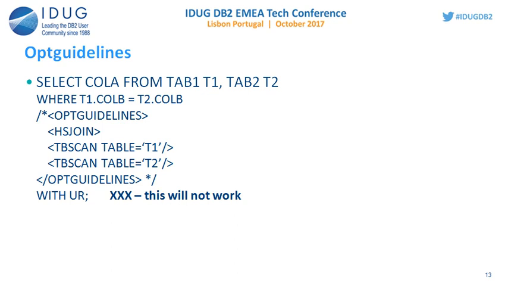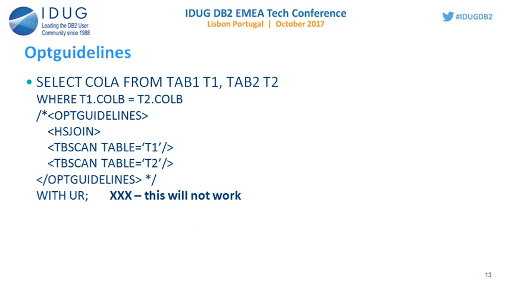Now, when you do an explain, a visual explain, DB2 returns diagnostics if you have errors in your statement. If you have a malformed opt guideline, if I misspelled TBSCAN, or if I said table equals T3 and there's no T3 in the query, you'll get a diagnostic that says your opt guideline is not well formed, or the table's not found.